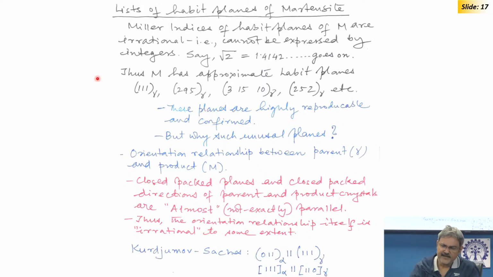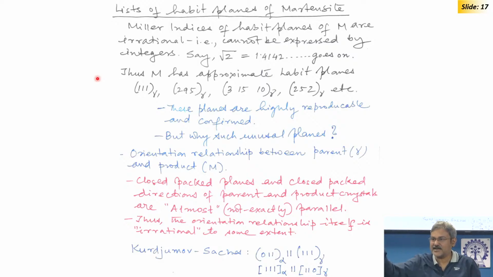Now, there is one very interesting aspect, this habit plane that I said, the interface plane. It is coherent and it is called an irrational plane, which means you cannot represent it by integers, like root 2, root 3, 1.